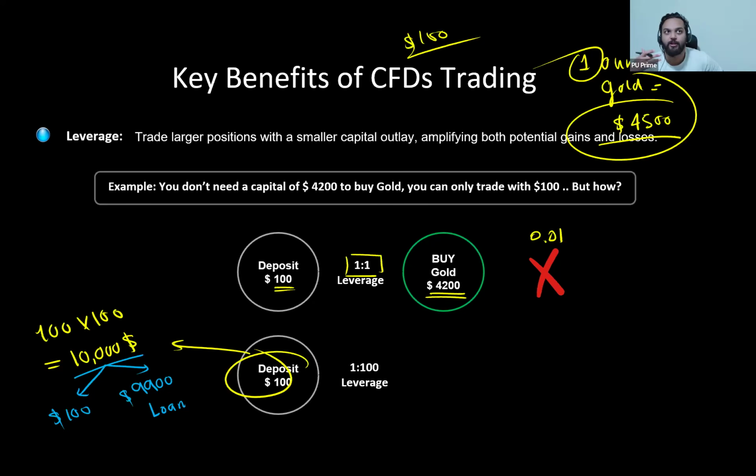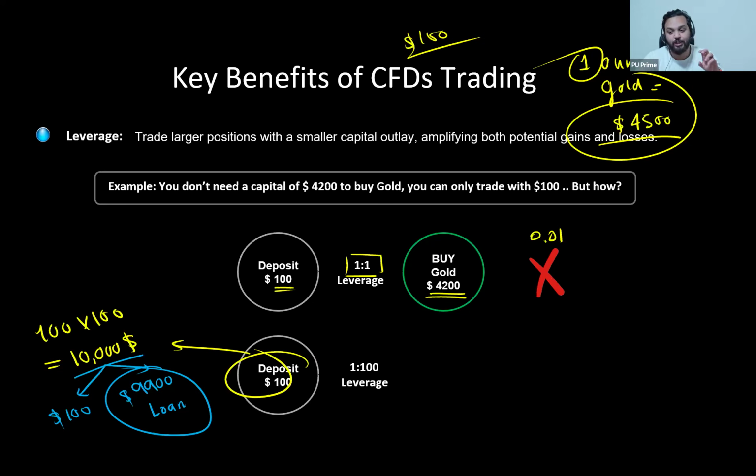You're not paying interest on that, but the broker gives you the money in order to be able to open your position, to click buy, to click sell. So this is extra money that you originally don't have. And if you don't have that amount of money, you shouldn't expose yourself to that risk.